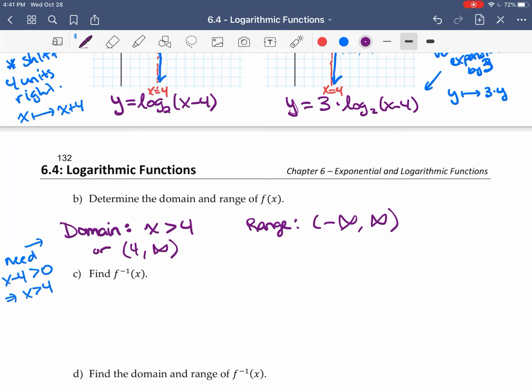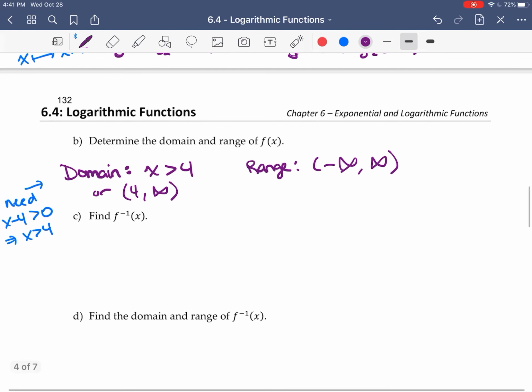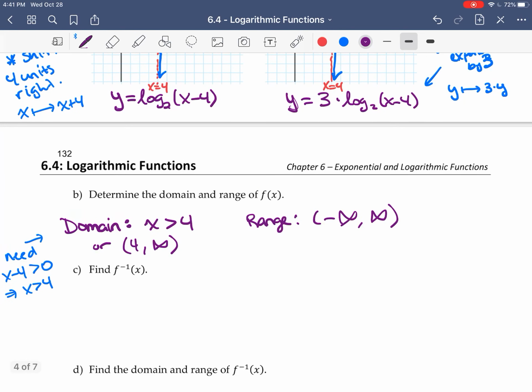So all real numbers. Now if we want to find the inverse, I'm going to take the equation and switch x and y. So x is equal to 3 log base 2 of y minus 4. I'm going to divide both sides by 3 so that the log is by itself. Then I can do my switch.